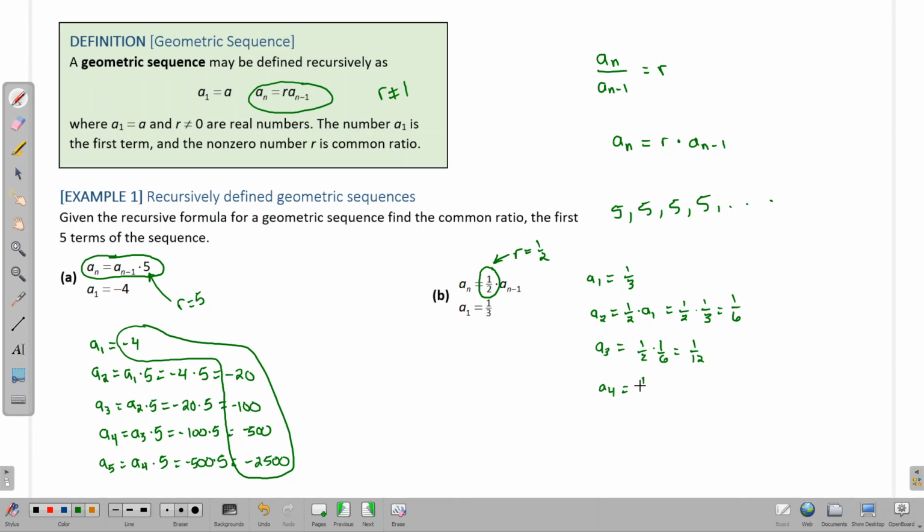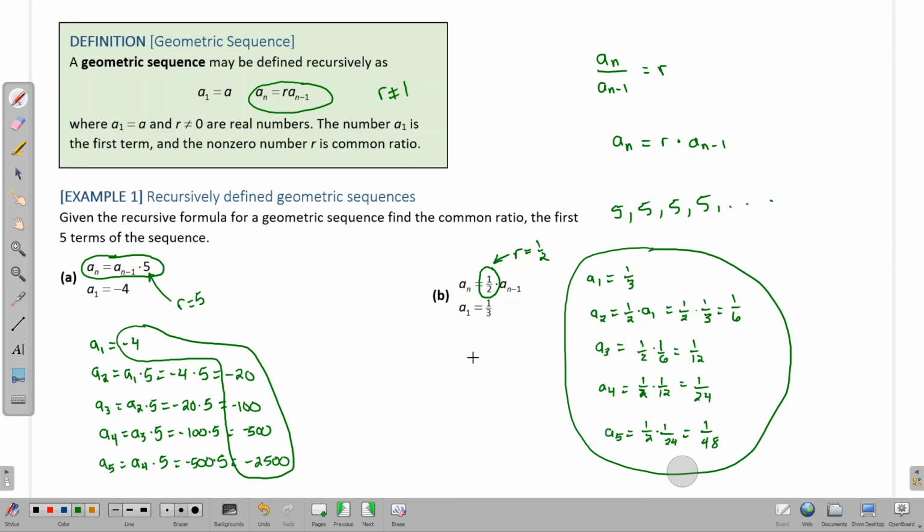A4, 1/2 times 1/12, which is 1/24. And the fifth term is 1/2 times 1/24, which is 1/48. Okay, so that gives us the first 5 terms of that sequence.